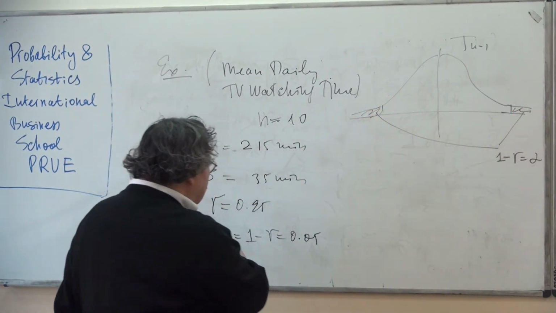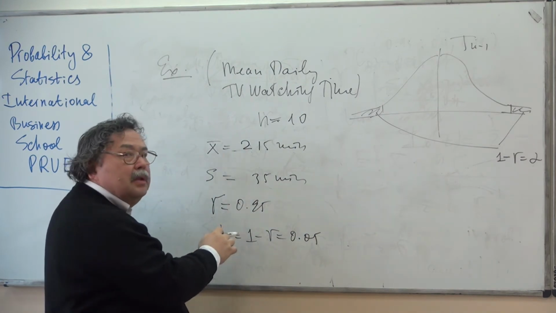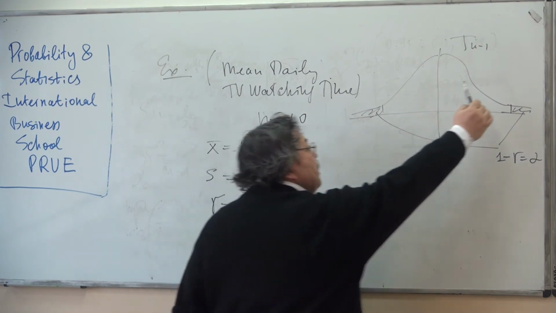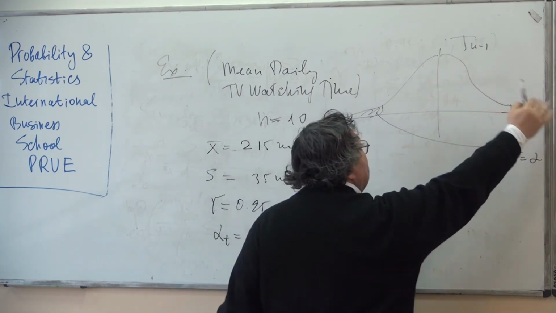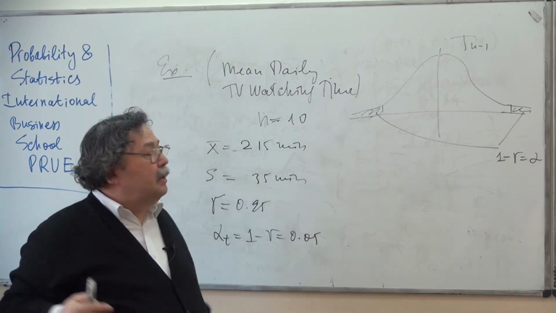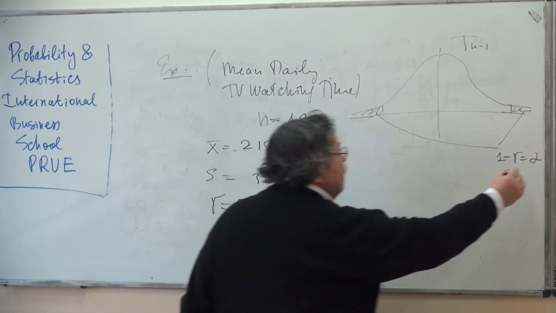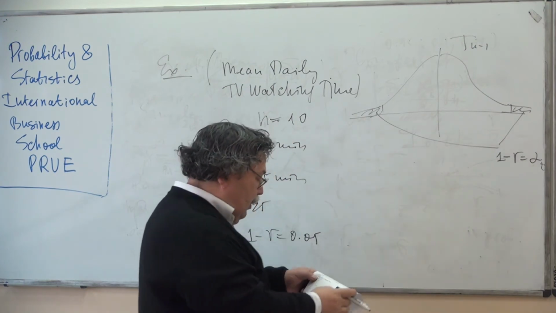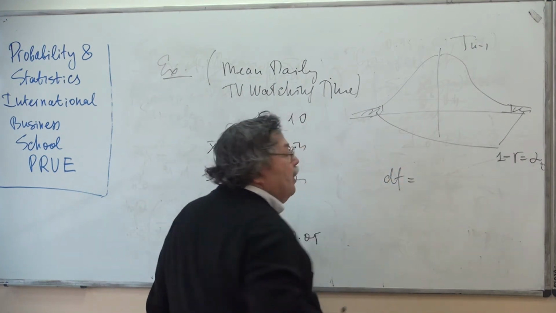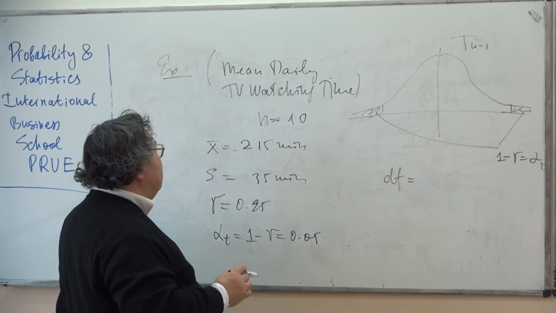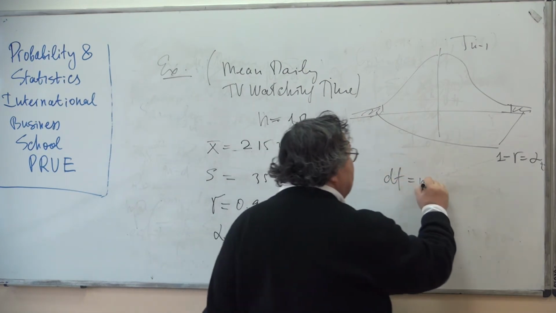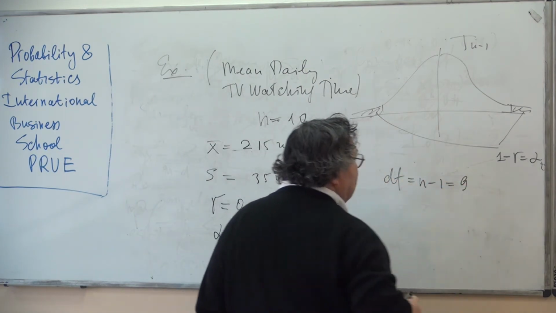Now what's written here, alpha sub t, which is defined to be 1 minus gamma, accounts for these two tails, the right tail and the left tail. So the total probability contained in both tails is denoted by alpha t here. And then df. Let's not make a silly mistake. n is 10, but df is n minus 1, which is 9.